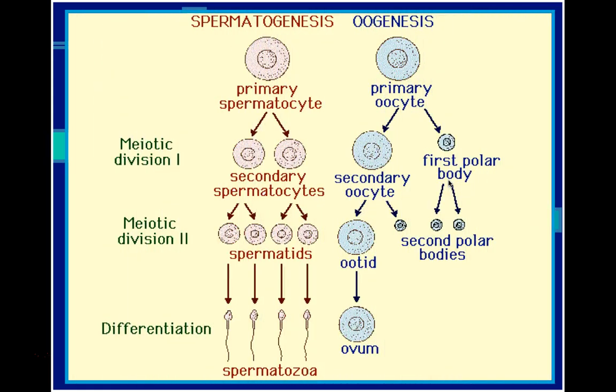So if we take a look at this picture, comparing spermatogenesis, the production of sperm, and oogenesis, the production of the egg, this is very cut and dry, right? You have your diploid cell, you've halved it, now you have 2 haploids, and now you've gone through meiosis II, and now you have 4 haploids, which then develop to become 4 sperm cells. Females have meiosis I occur, except only one of the cells is functional.